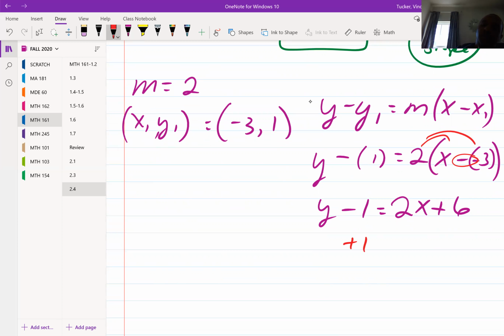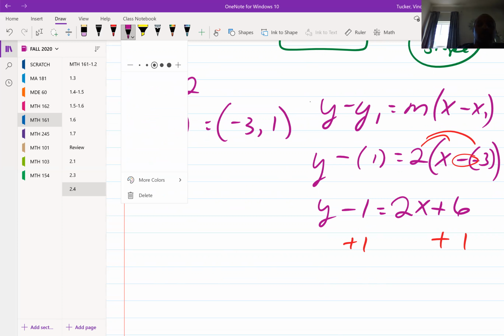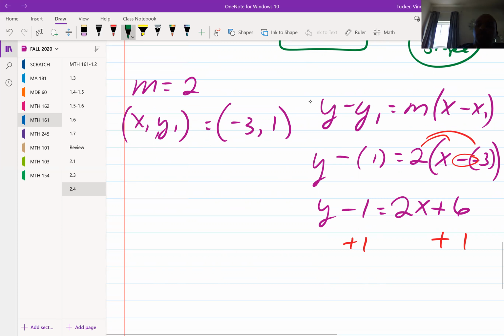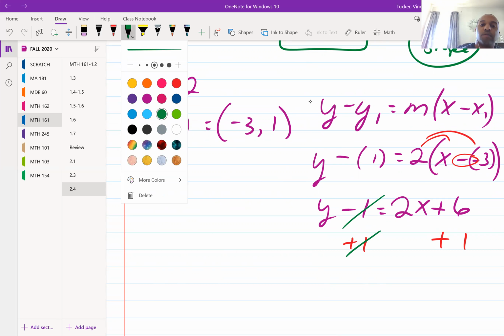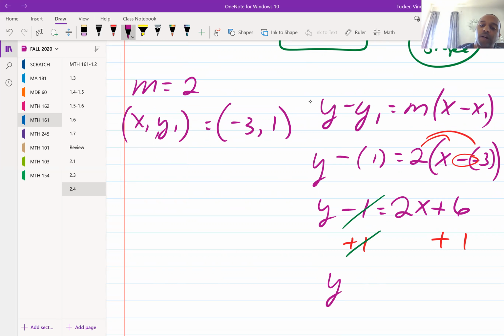Then add 1 to both sides. y is equal to 2x plus 7.